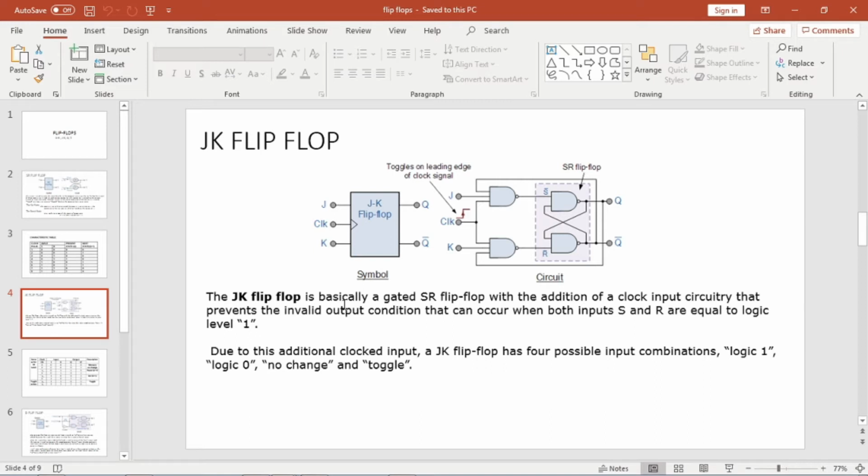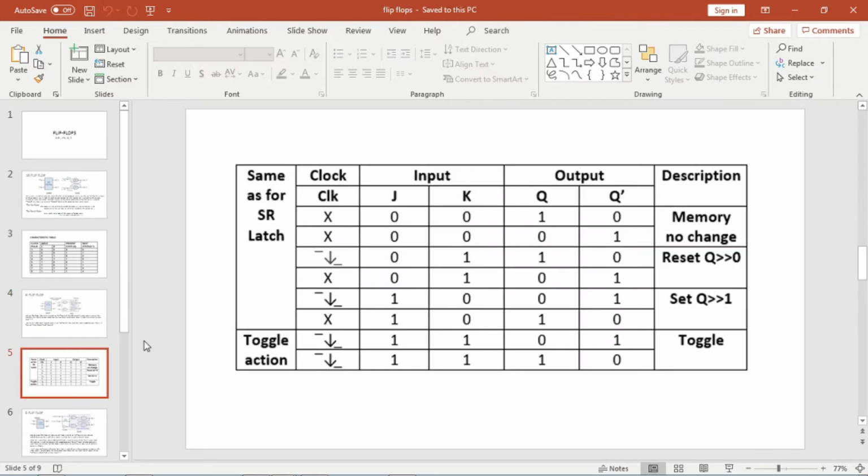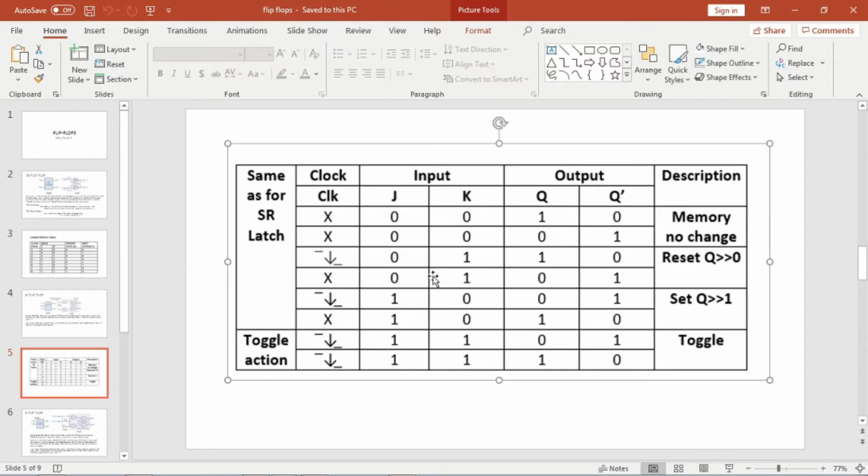Here, when both the inputs are 1, it returns to the previous input. Let us look into the diagram. In this case, up until the set state, it acts just the same way as SR flip-flop. Only in this state, it goes to toggle mode, and if we reset the circuit, it functions normally.